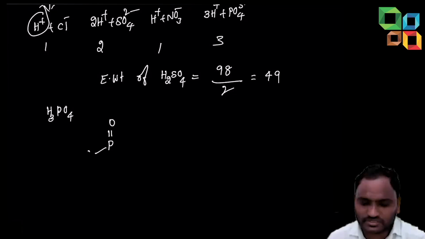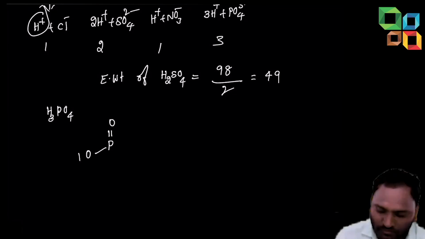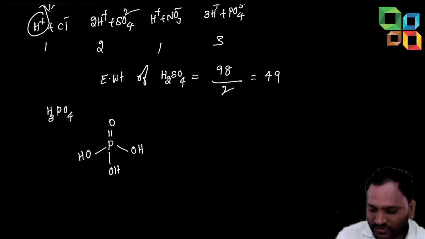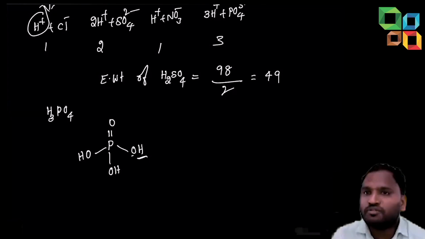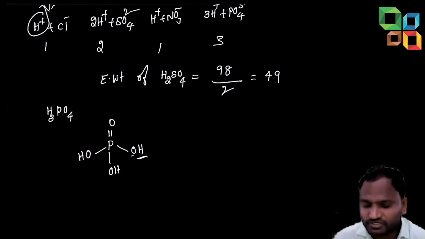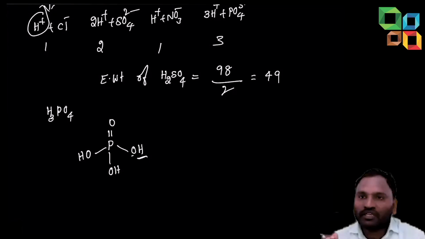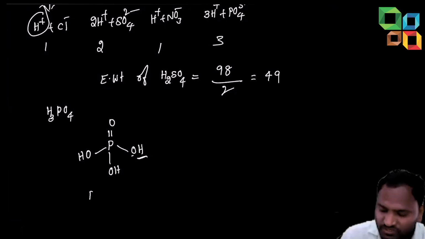After keeping one double bond O, we have 3 oxygens, which will be joined with 3 hydrogens. The hydrogen which is connected through oxygen is the replaceable hydrogen, students, and that is considered in basicity. Other hydrogens are not considered. If it is connected through oxygen, then only it is replaceable. Otherwise, it is not replaceable. So basicity here is equal to 3.